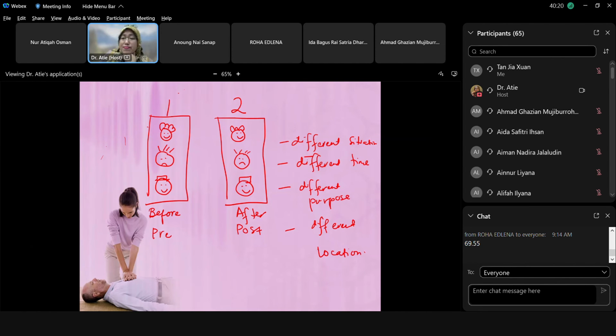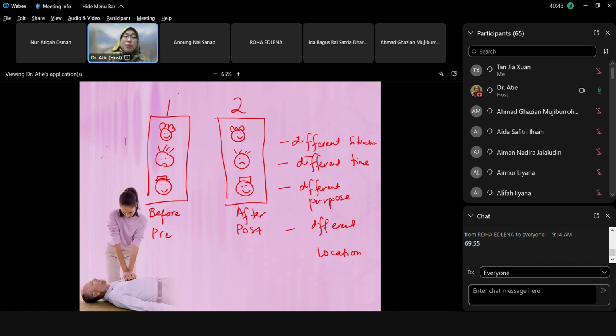For example, when I say different situation, like before and after, one very popular situation is diet.